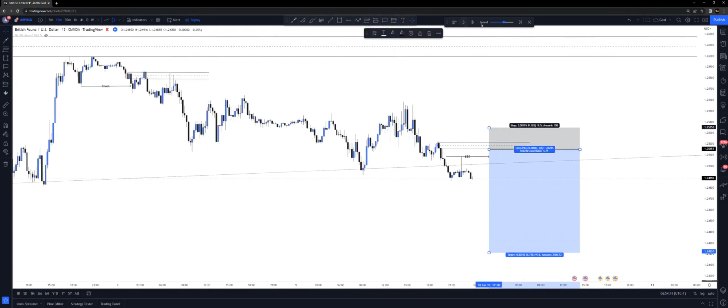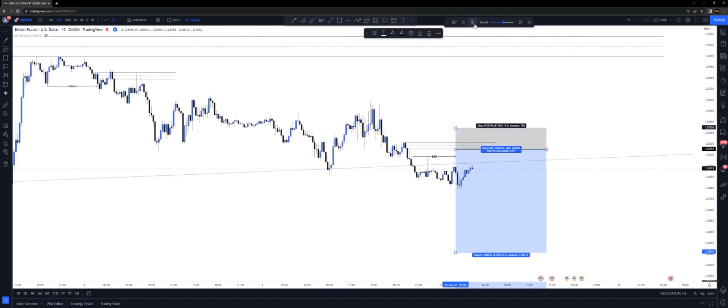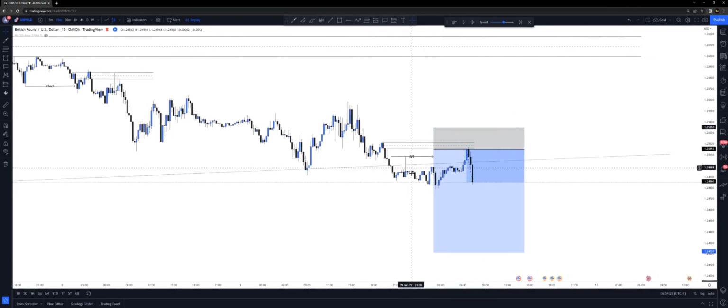So let's see if we got captured in this trade. Okay, we got captured in, and you see this whole move.